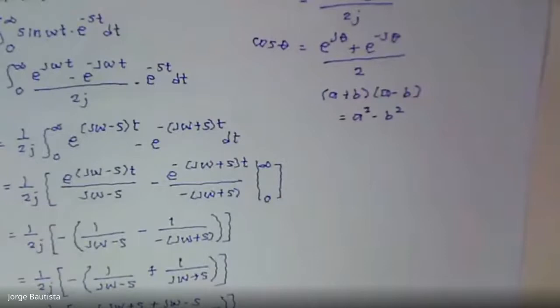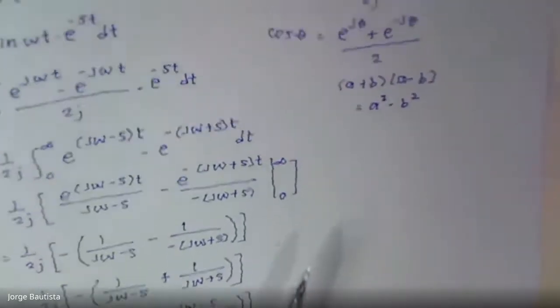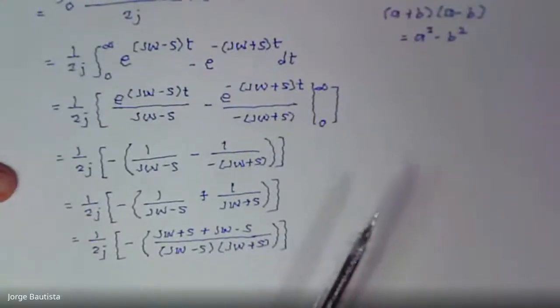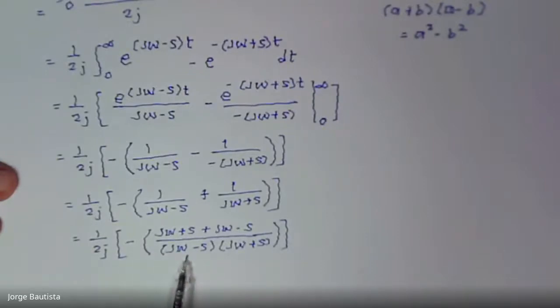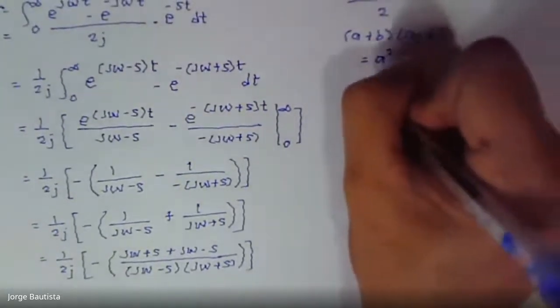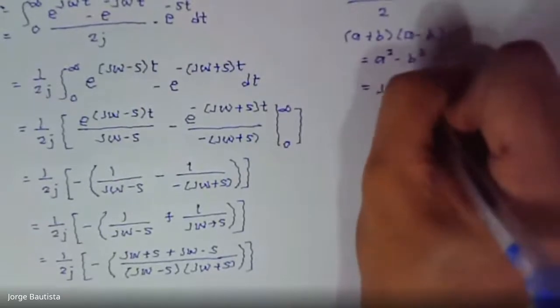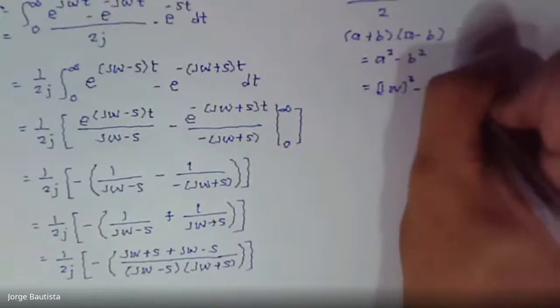Diba? Yan. So, i-apply mo ngayon dito. Okay? So, pag in-apply mo yan dyan, J omega squared. Dito ko na ilalagay, no? Kasya naman eh. Okay. So, magiging J omega squared minus S squared.